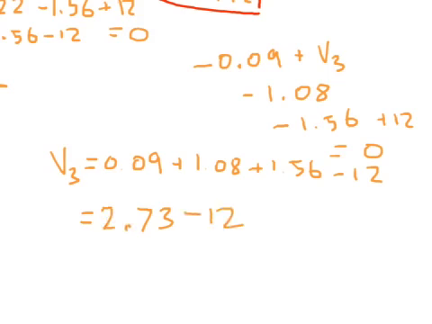If it was minus, oh gosh, I hate these things, minus 12 plus 2.73 means we're going to be minus 9.27 volts. The minus should mean it's just in the opposite direction.